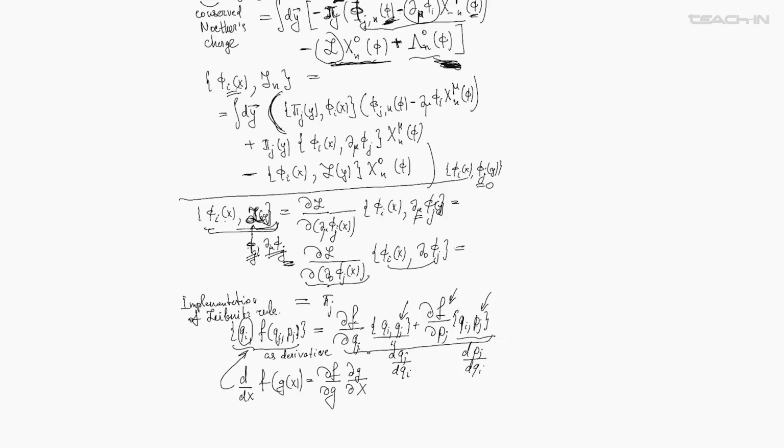Okay? In principle, strictly speaking, I should write here the derivative of the Lagrangian with respect to phi j on y, the bracket of phi I on x with phi j on y. But then I know that this is 0, and that's why I'm not writing this term.